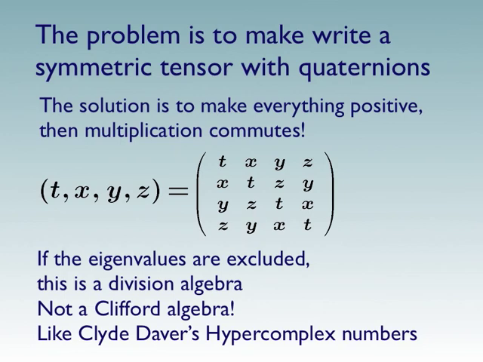It's kind of funny that here I am at this Clifford Algebra conference, and what I have here is in fact not a Clifford algebra, because the wedge kind of thing ends up summing, not the difference of those two. And in fact, this has been invented before by a fellow named Clyde Davers.